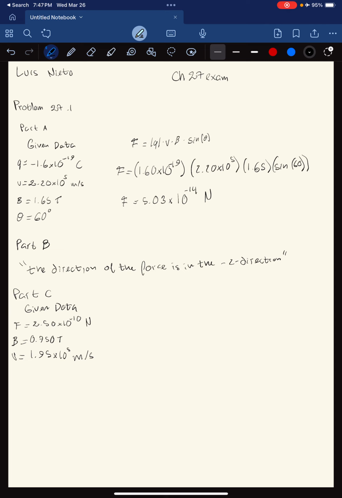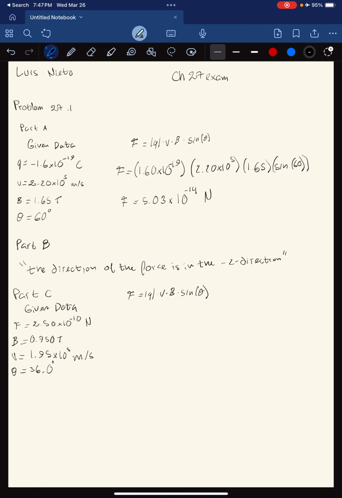And they give the angle between vector v and vector B. So that's an angle of 36 degrees. Perfect. The formula that we're going to use is F equals the absolute charge, multiplied by velocity, multiplied by the magnetic field, multiplied by the sine of the angle.